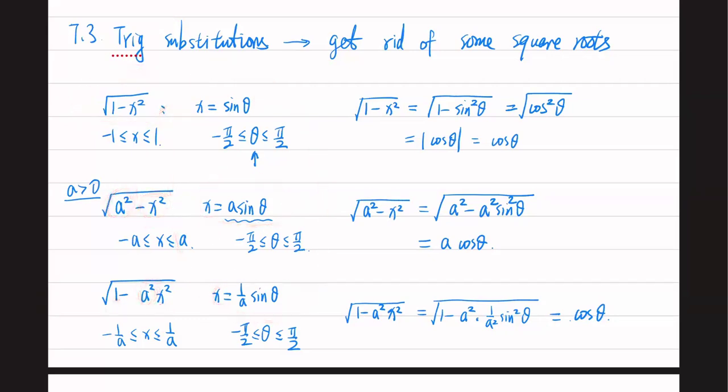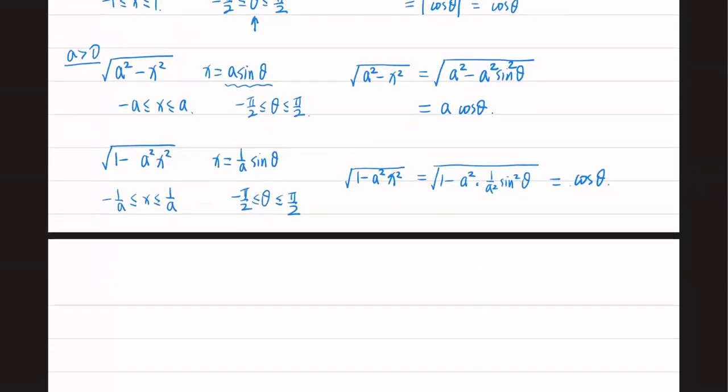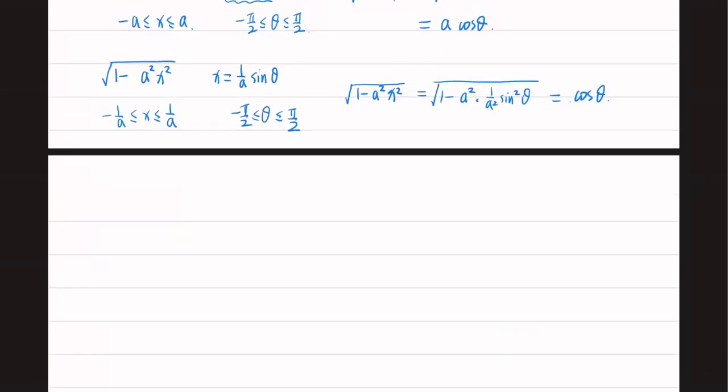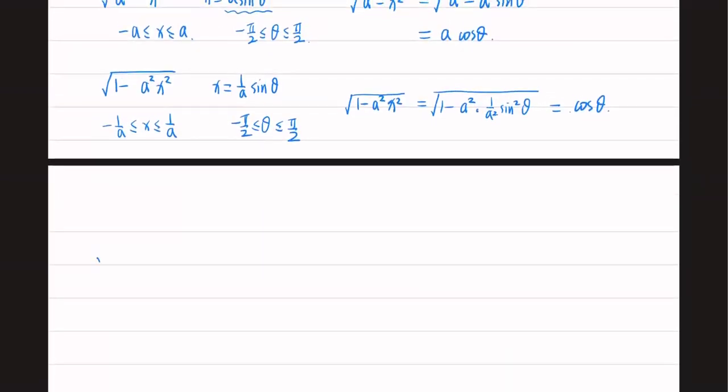Okay, a second one, a new one. Instead of the difference, we have the summation. If our function has a square root with 1 plus x squared, this time we use a different substitution.